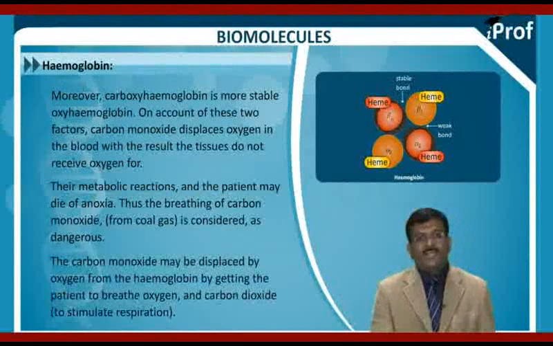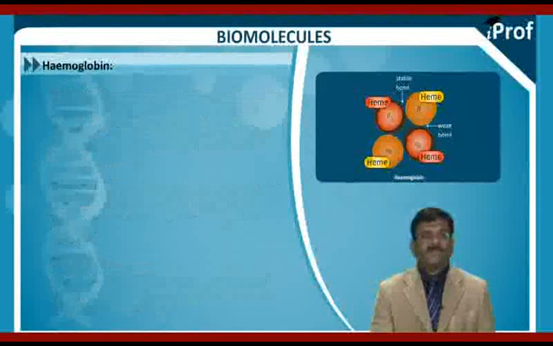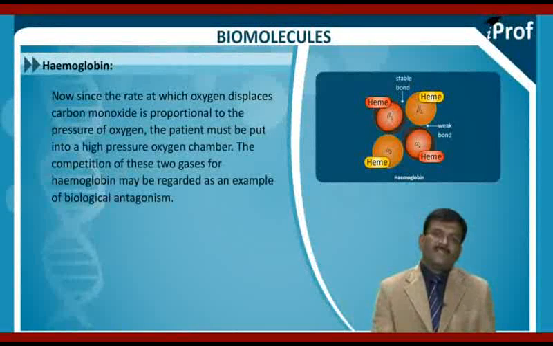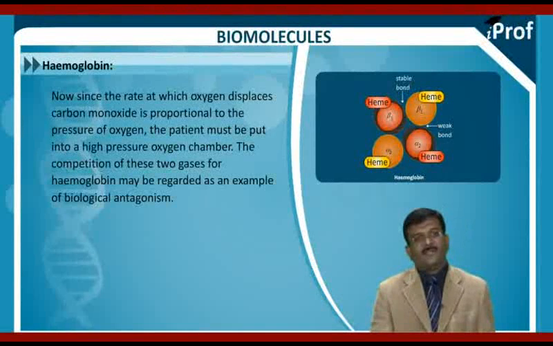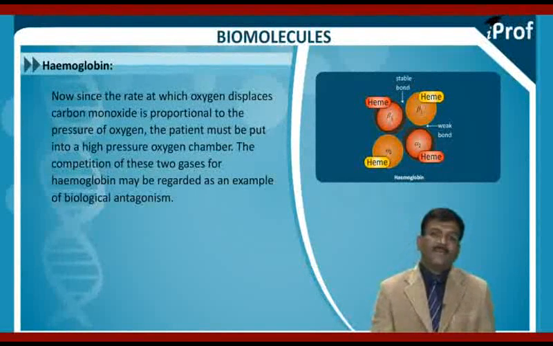The carbon monoxide may be displaced by the oxygen from the hemoglobin by getting the patient to breathe oxygen and carbon dioxide to stimulate respiration. Now, since the rate at which oxygen displaces carbon monoxide is proportional to the pressure of oxygen, the patient must be put into a high pressure oxygen chamber.